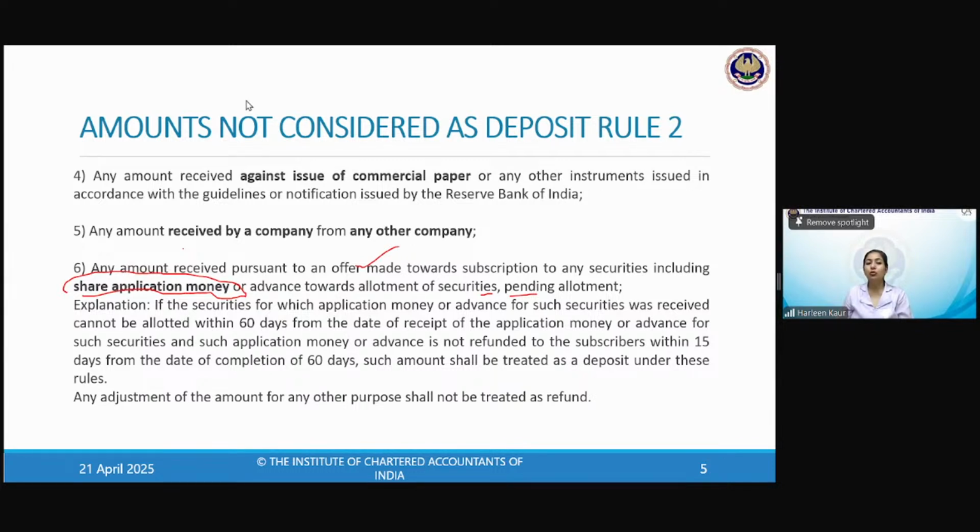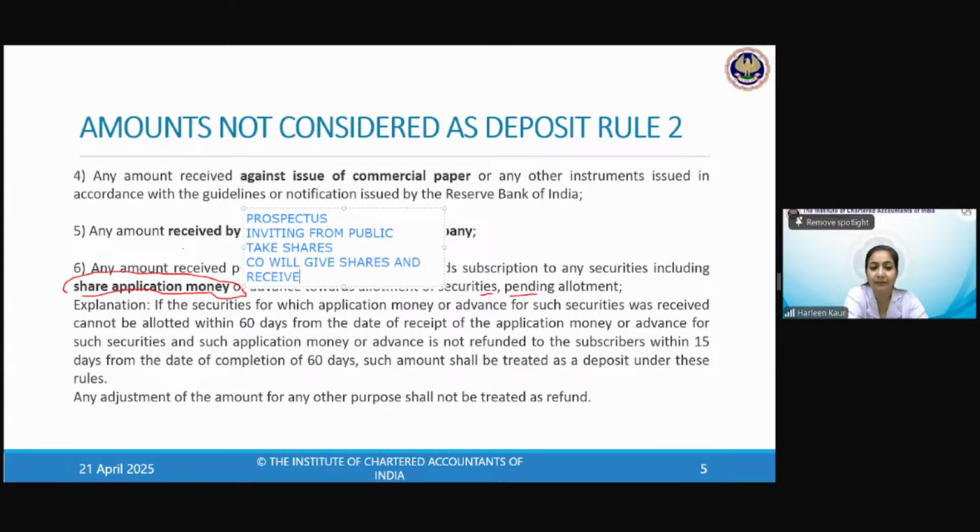So what we used to do, company used to issue prospectus inviting subscriptions from the public, right? And if the public has decided to take shares in the company, then what will company give us? Company will give shares and receive what money? Receives share application money.